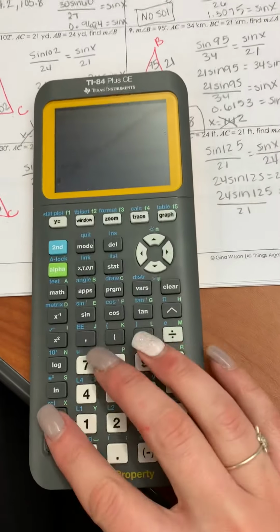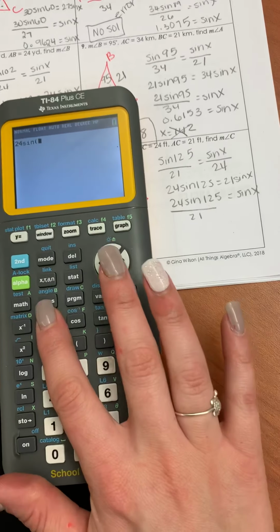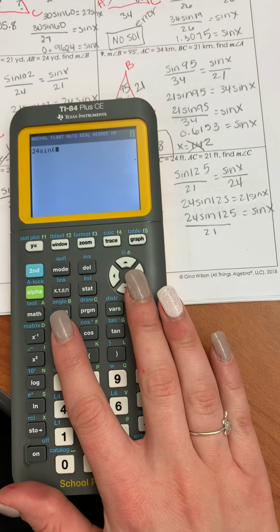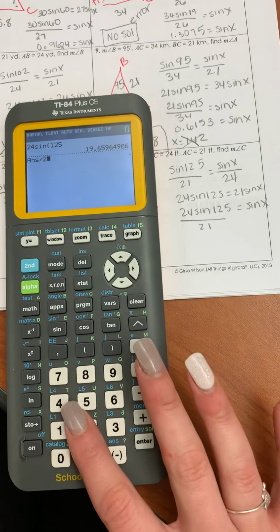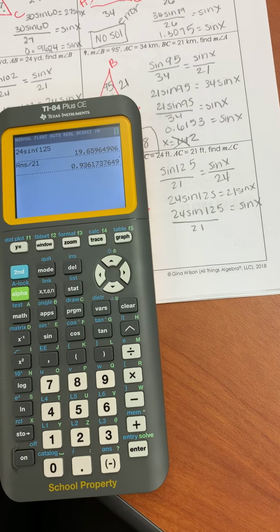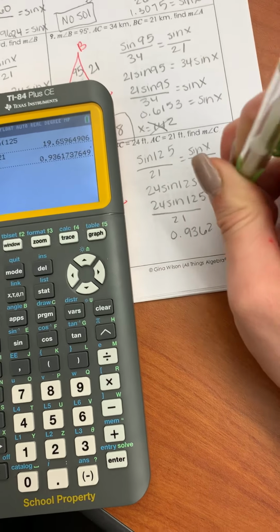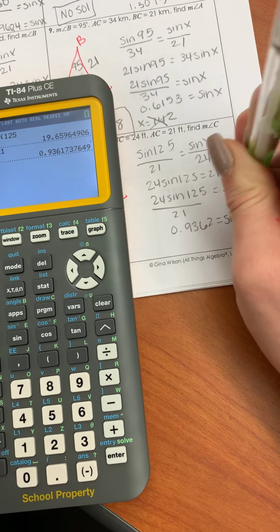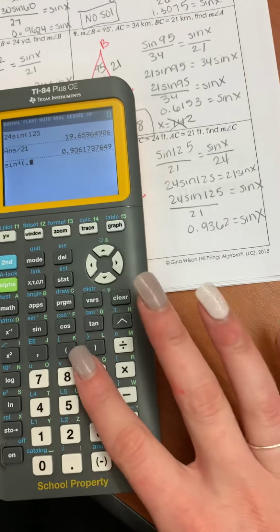So 0.9362 equals sine of x. Let me take that inverse though.